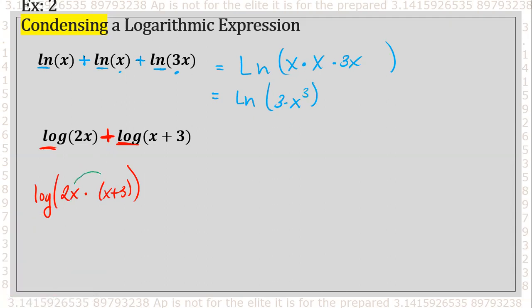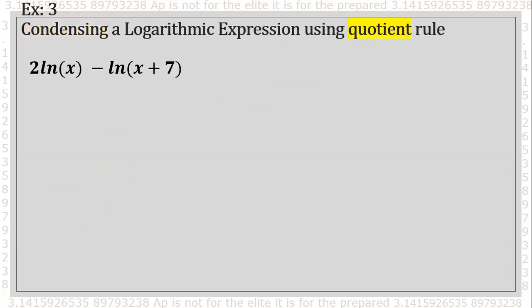So we have 2x that distributes times the x, the 2x that distributes times the 3. So I should have a log 2x squared, and then 2x times 3 gives me a 6x. So this should be our solution, right? Okay. As always, guys, if you do have questions, please message me.